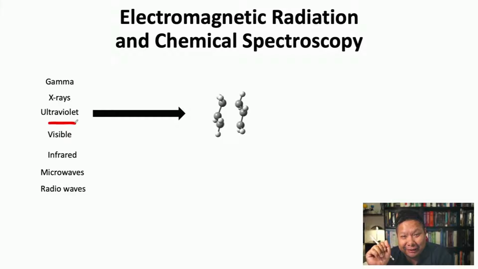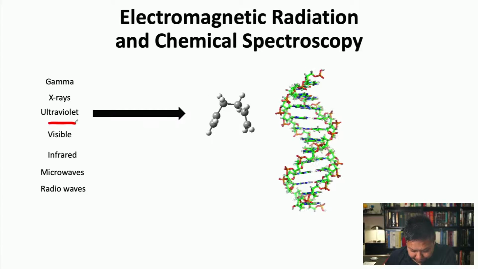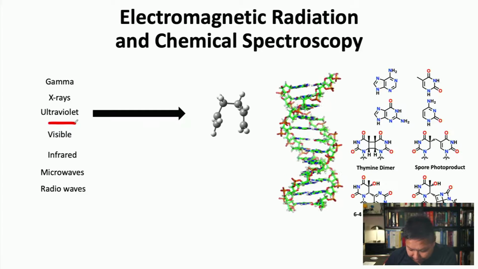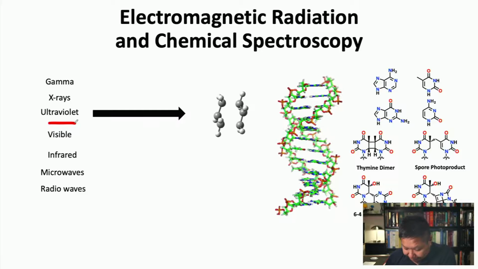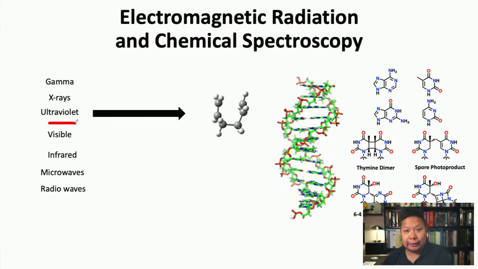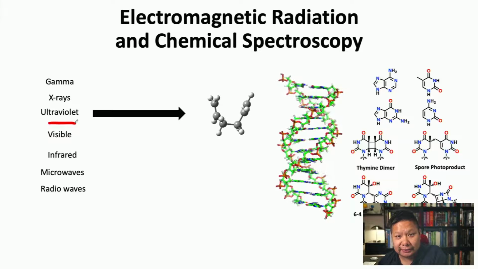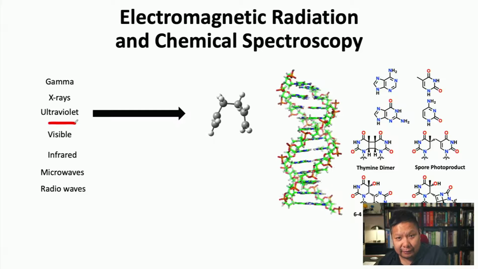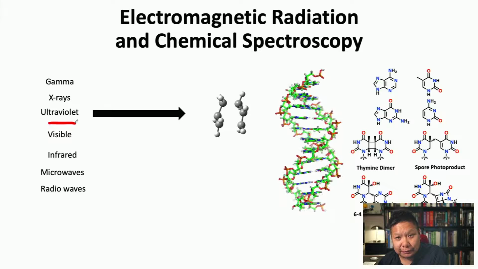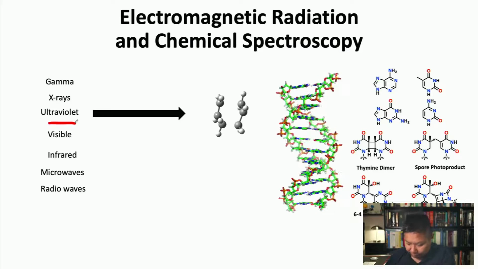And that's why people get skin cancer when they're outside, being exposed to the sun and UV rays, right? It breaks the carbon-carbon bonds in their DNA, right? It makes these things called lesions right here, all right? And these are all examples of DNA lesions that can happen when you are exposing your skin cells and your DNA, in turn, to UV radiation, right?